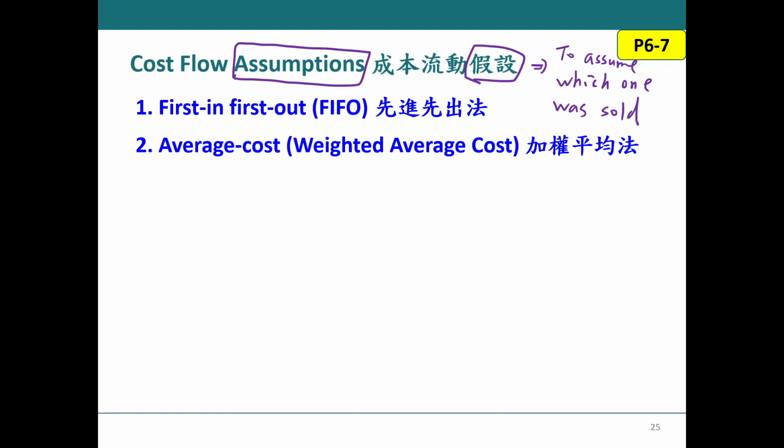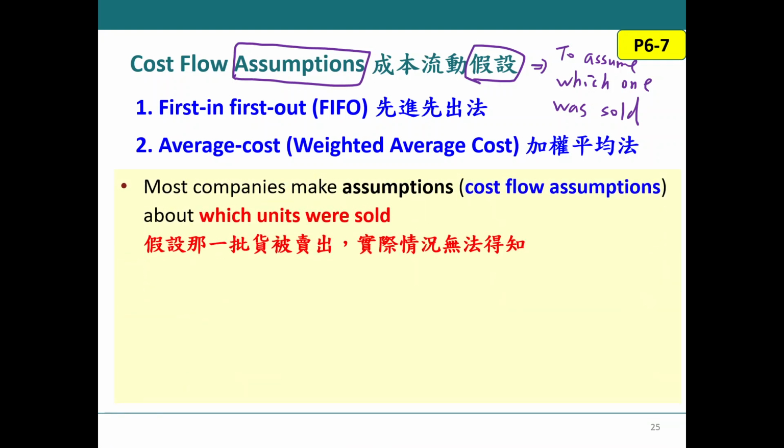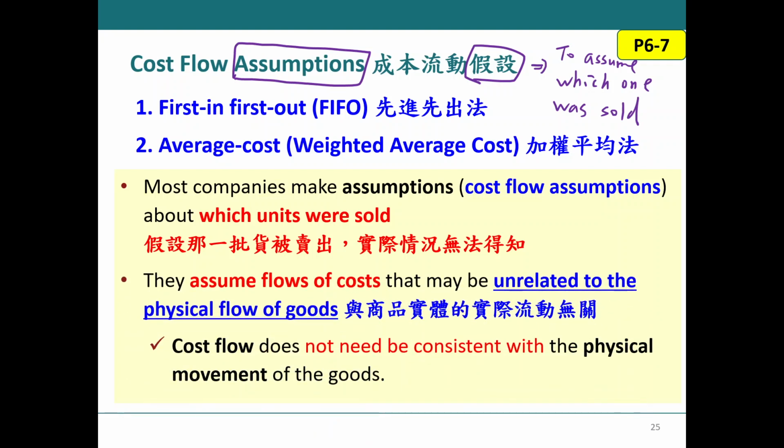Cost flow assumptions, 成本流动假设. We don't know the true situation, we assume which one was sold. Even though based on these assumptions, it's not the true situation.